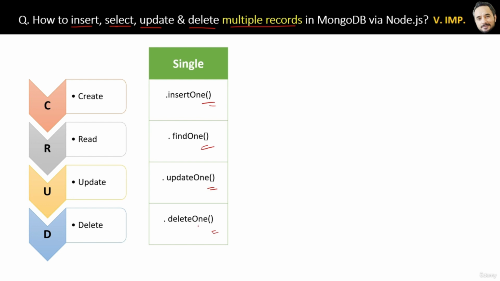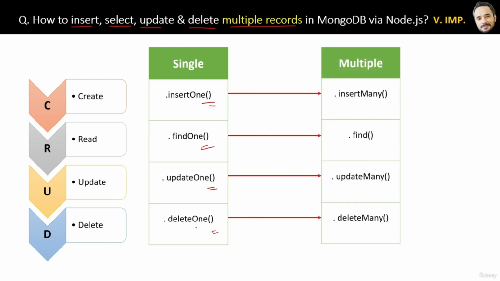Similarly, we have other methods of the collection object that can insert, find, update and delete multiple records, and here they are. Nothing special here, and you can understand by their names that they are meant to impact multiple records in the database, right? Great.